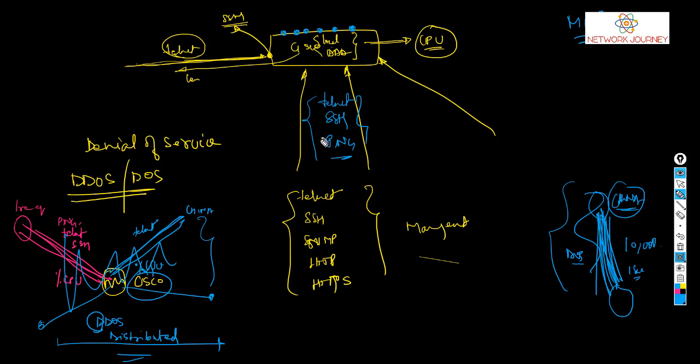Where do you configure these things? You configure it over here: line VTY 0 to 4, and you configure SSH. Now anyone can hit it from any of the interfaces. They don't have to rely on only one of them, right? So that means all the interfaces are eligible to get that traffic to the line VTY. Agree? That's a drawback of the default behavior, and that's why the attacker is causing the impact.